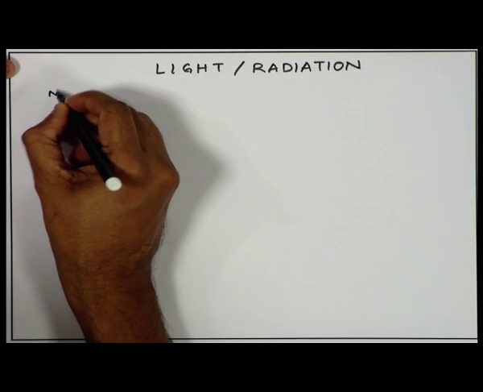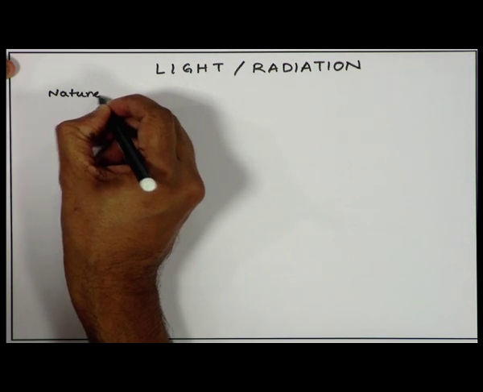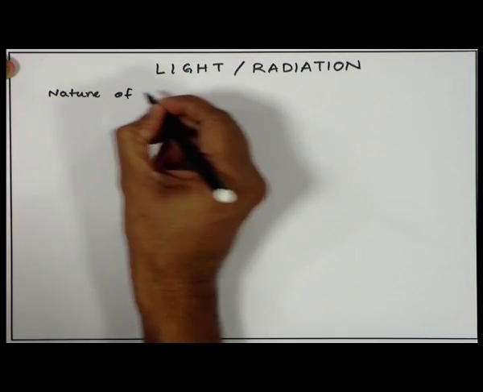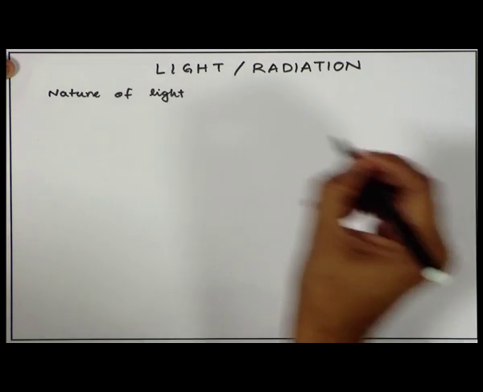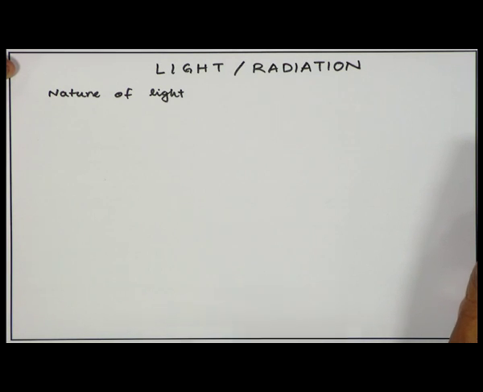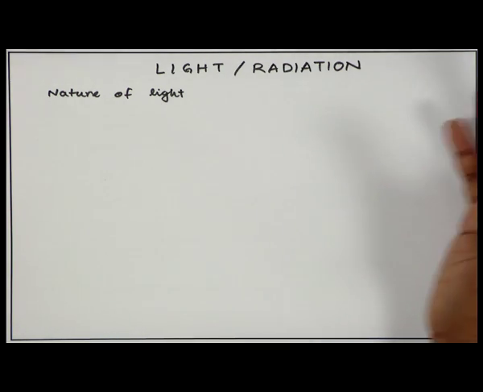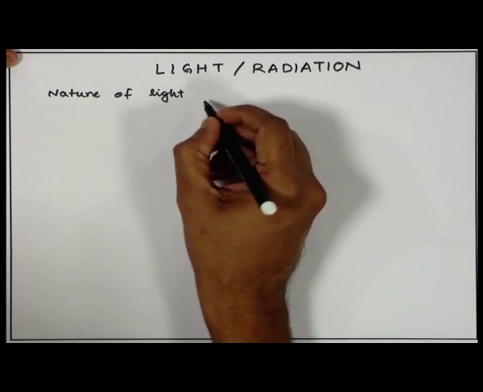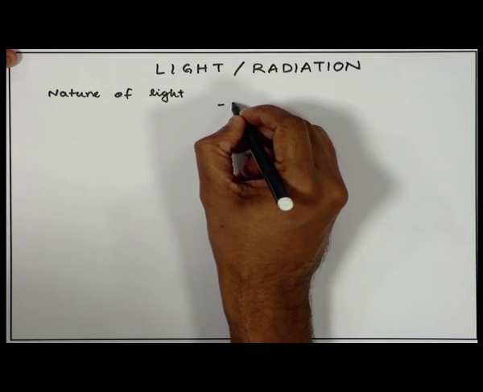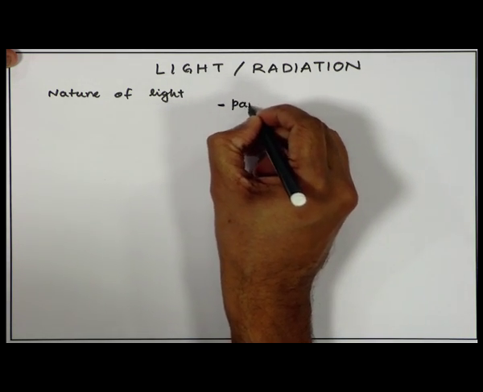Light, although we use it all the time, has kept scientists busy for a long period of time. During Newton's time, light was believed to be like particles, the famous Newton's corpuscular theory. So for some time light was believed to be a particle.